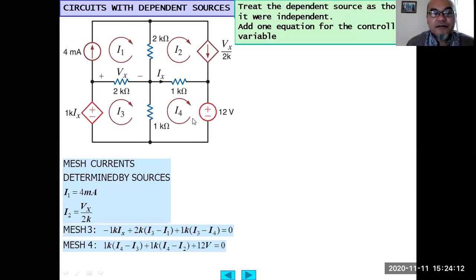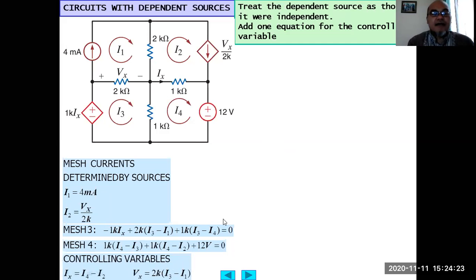Then at mesh 4, 1K multiplied by (I4 minus I3) plus 1K multiplied by (I4 minus I2) plus 12 volts equals 0. And the controlling variables here are Ix and Vx. Ix can be defined as I4 minus I2.